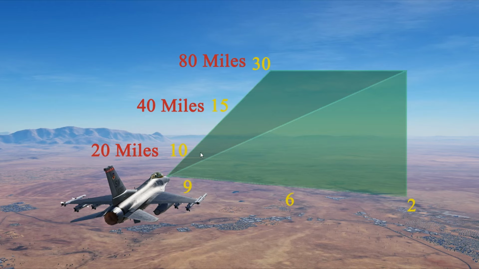As you push the cursor out to 40 miles, you're going to get deviating numbers. The maximum altitude will increase, so you'll go from 10 to 15 for example. Not exactly, I'm just trying to make the point that it increases. And your lower altitude will change from 9 to 6. As you increase the range further, you move the cursor further in range, your maximum altitude will change to 30 and your minimum will change to 2.